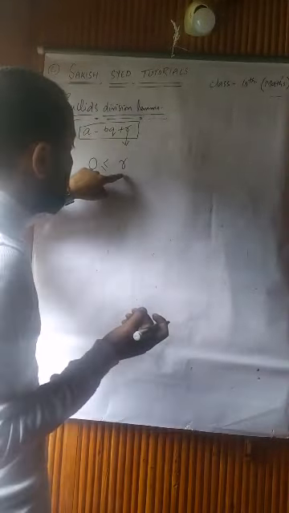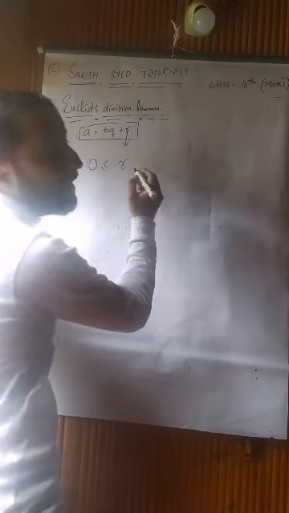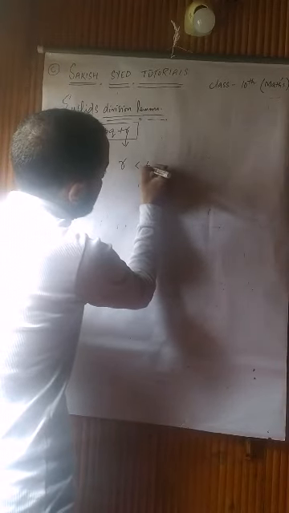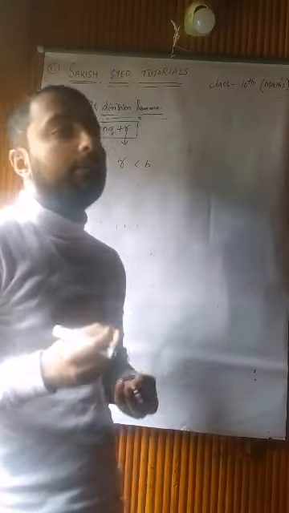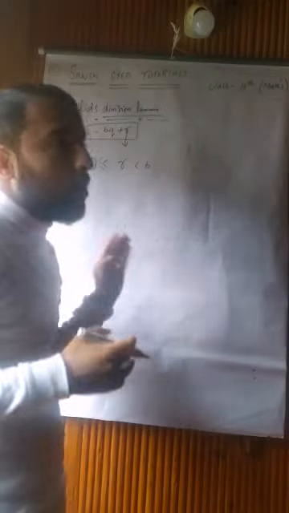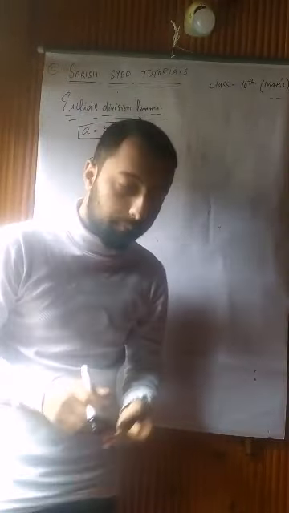So r will be greater than or equal to 0, and it will always be less than b. What is b? b is the divisor, so the divisor will always be greater than r. Either r will be equal to 0, or it will be some positive integer, greater than 0.